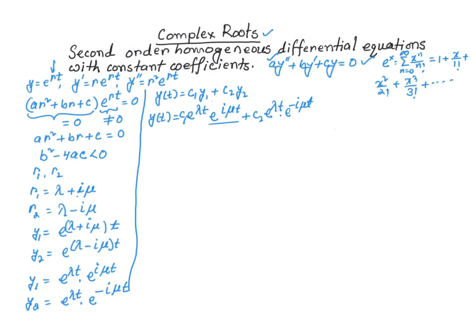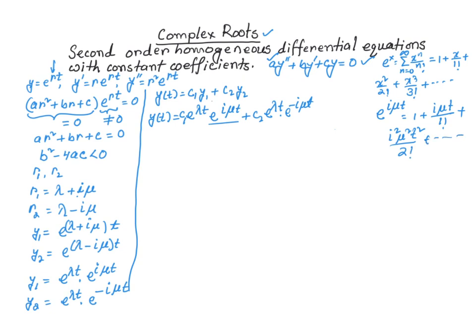And if you simplify it a little bit, let me just go ahead and write it out. So e to the power i mu t is going to be equal to 1 plus i mu t over 1 factorial plus i squared mu squared t squared over 2 factorial, and you can keep writing it out.